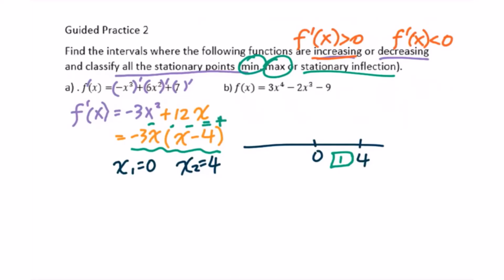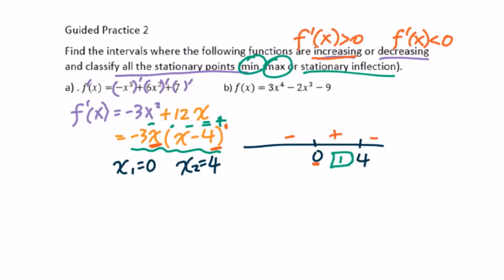So I will put positive. Check this 0. Where do you get this 0? You get it from this x, a single factor. That means with an odd power, you need to change the sign at this 0. For the 4, the factor is still a single factor, so we change the sign.